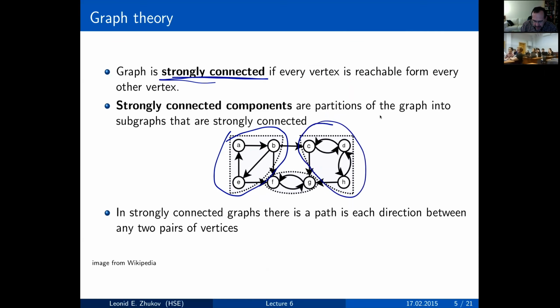But for example, if you can get from node B to C, there is no way to get from C to B. So nodes B and C do not belong to the same strongly connected component, and this graph is not strongly connected. Well, in other words, in strongly connected graphs, there is always a path in each direction between any 2 pairs of vertices.